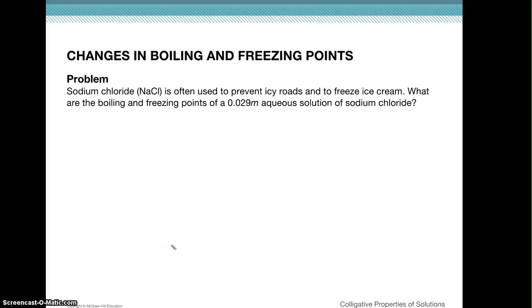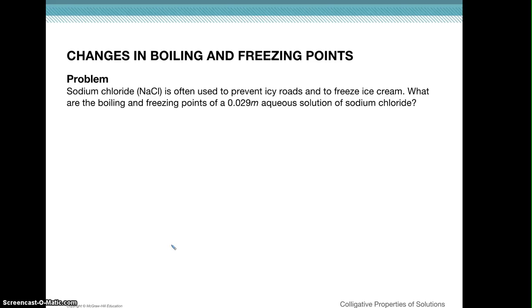The same is true when roads ice over. If you put salt on the roads and you lower the freezing point, then it can actually melt the ice at whatever that particular freezing temperature is. So this is a very useful calculation, a very useful idea that you probably never really thought about in terms of solutions and chemistry.